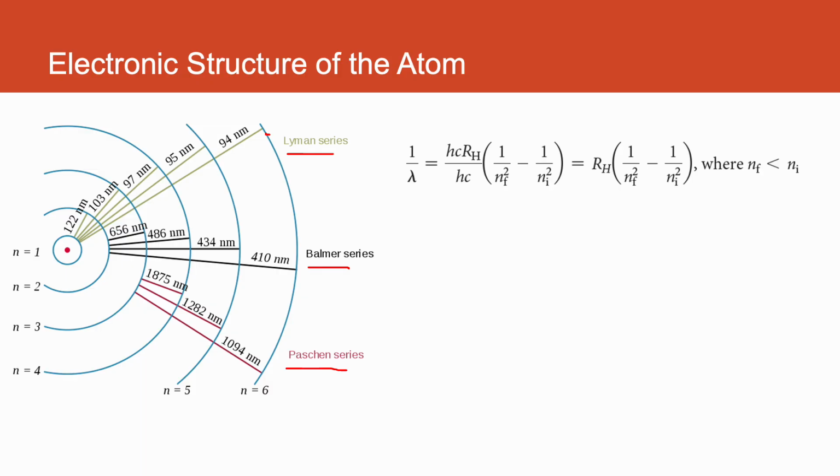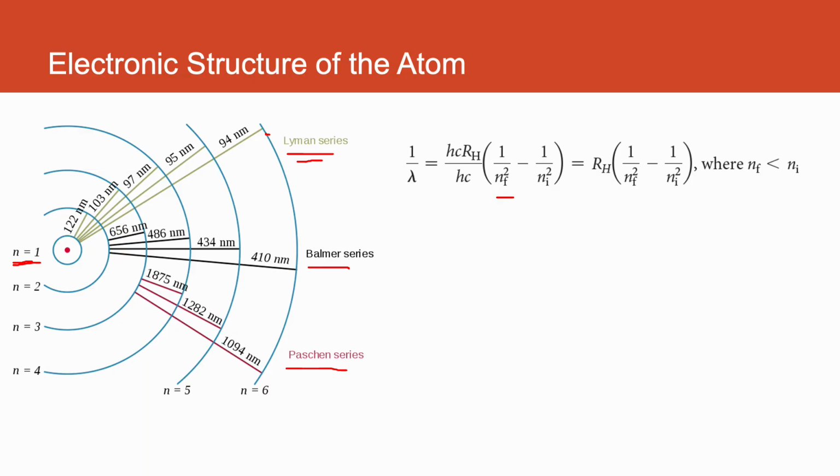The Lyman series is a series within the ultraviolet region. So if it emits light in the ultraviolet region, you cannot see it. Its nf is always 1. So if your electron moves back into nf of 1, that's the Lyman series, meaning its emission of light is in the ultraviolet region.